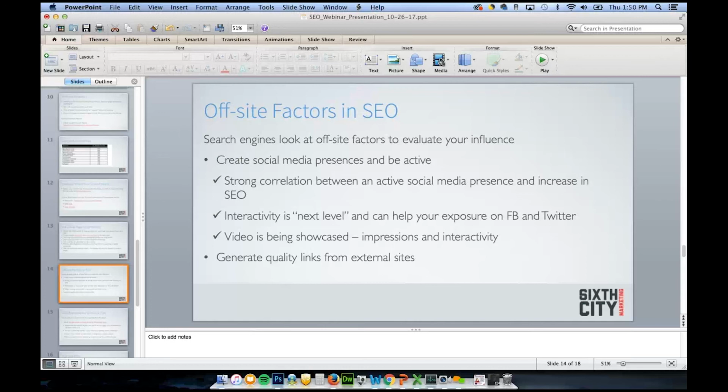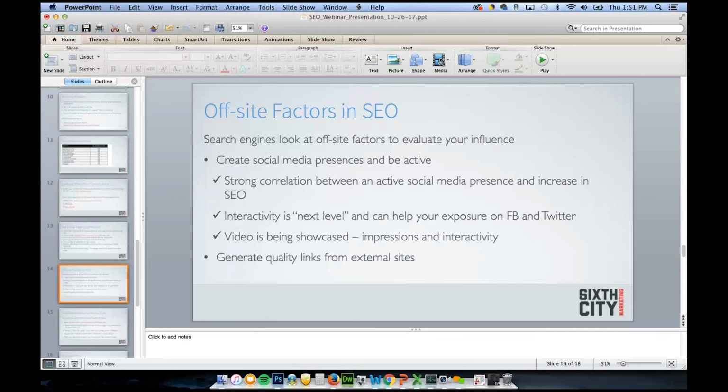Generating quality links: what I would suggest is creating content on your website that is strategic, that will compel people to link to it. So we recommend a lot of top 5 lists, top 10 lists. In some instances, we'll go out and research people that are relevant to your industry or what your products are, and we'll make top 10 lists.